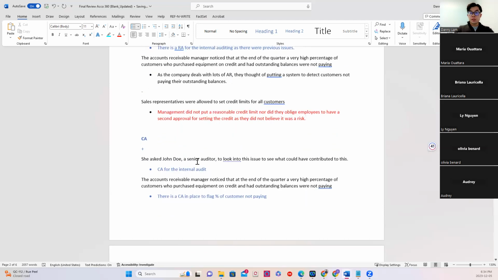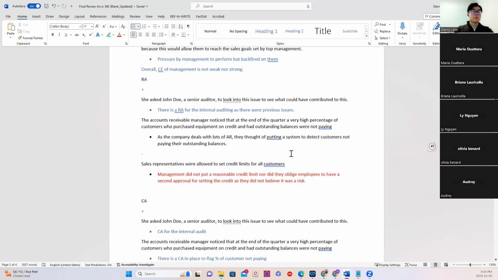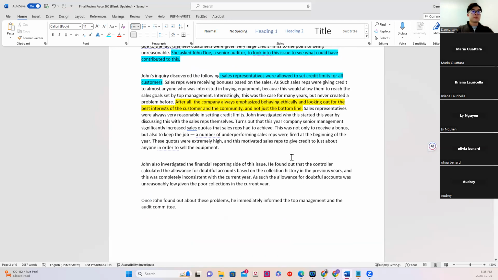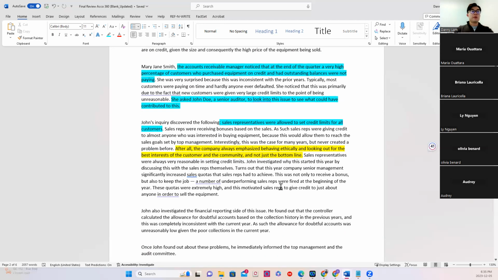Is there anything else, guys? I think someone had a hand up, I just didn't see it. Yeah, I wanted to say in regards to John, John reviewed the allowance for doubtful accounts and compared it to the previous years to determine if it was reasonable. Would that be a small positive or a negative? Positive.